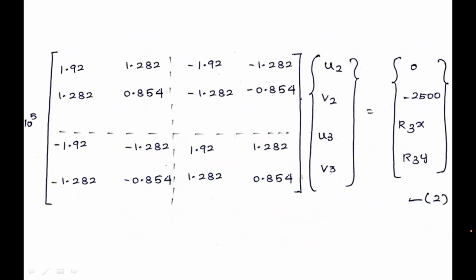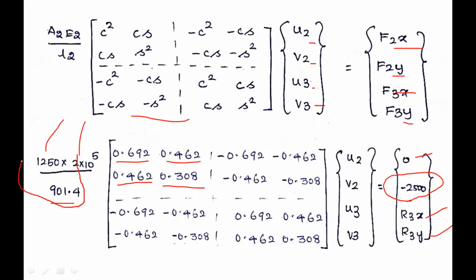That is the reason. Now this is the final element characteristic equation for element 2. 10 power 5 is taken common, and here 1.92, 1.282, 1.282, 0.854. After multiplying the constant, 1250 into 2 divided by 901.4 is taken inside this matrix.